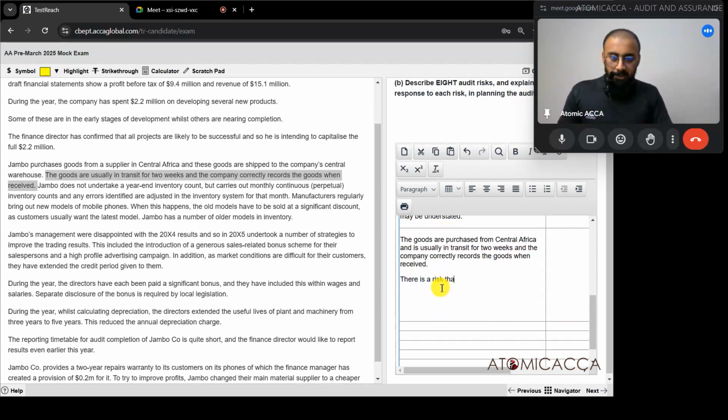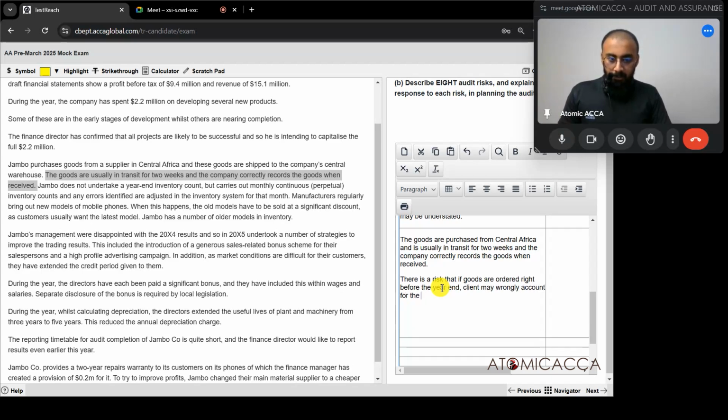There is a risk that if goods are ordered right before the year end, the client may wrongly account for the inventory even before receiving it. Hence, there is a risk that inventory could be overstated. Okay.